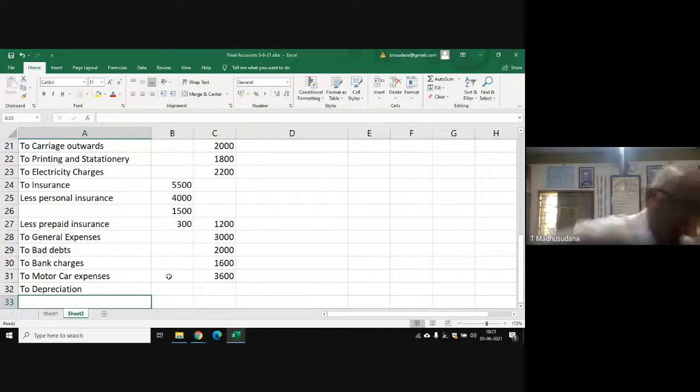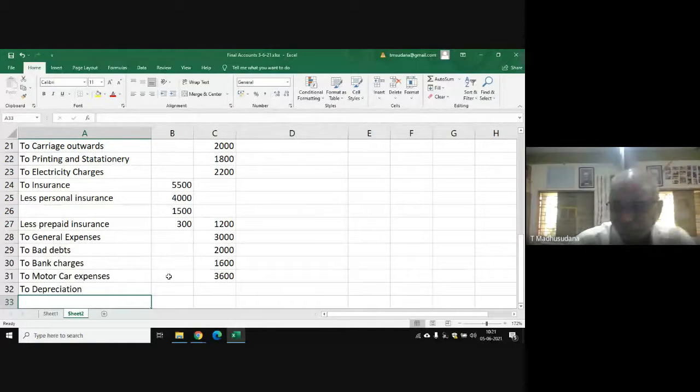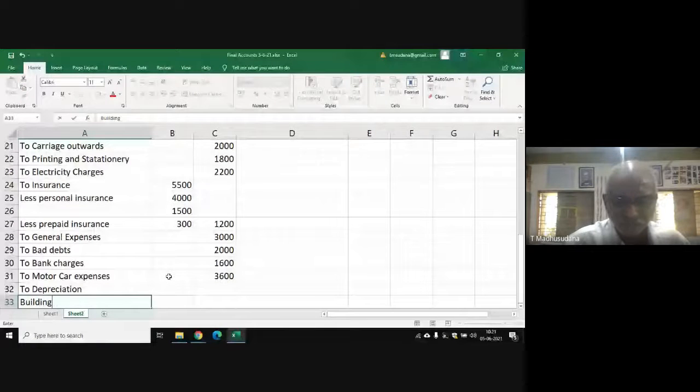That's why we are showing depreciation on the business used building only. Only 50% of the building has been used for business.